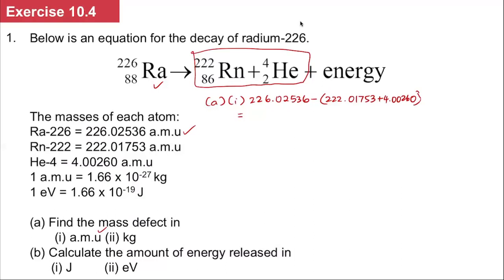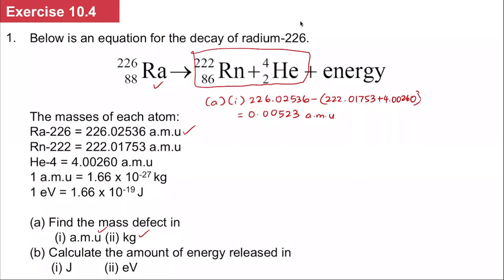Already calculated? Okay. Yes, Terry. 0.00523 AMU. Okay, don't forget to put the unit. AMU.